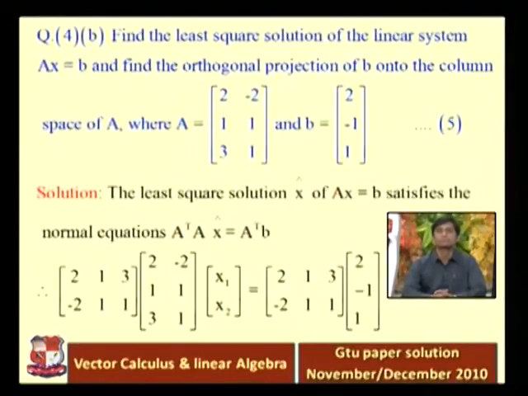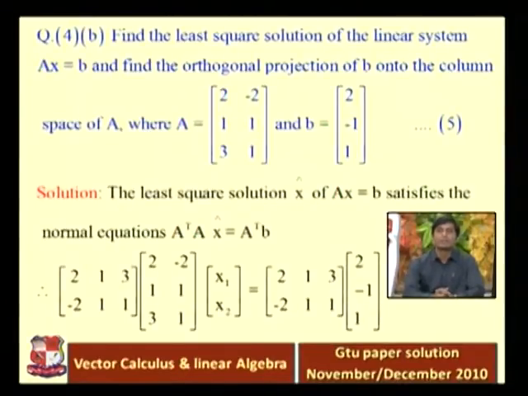The solution: the least square solution x caret of Ax equals b satisfies the normal equation. This normal equation is A transpose A x caret equals A transpose b. Put all the values. We have A, so you can find A transpose.